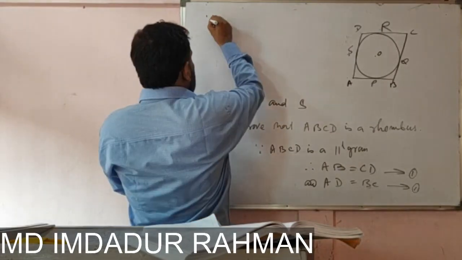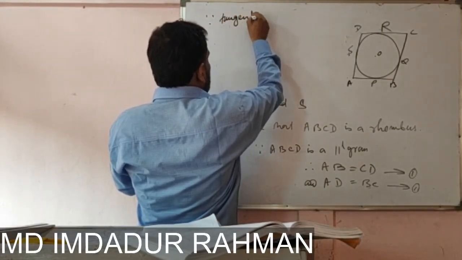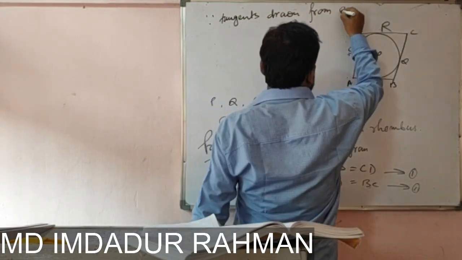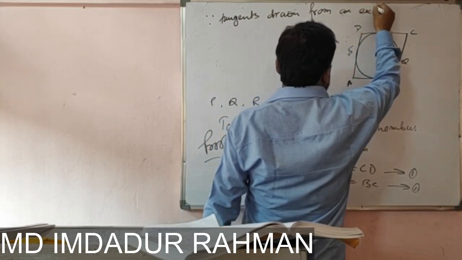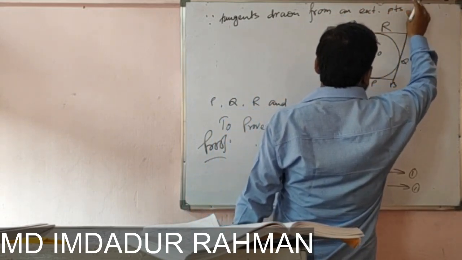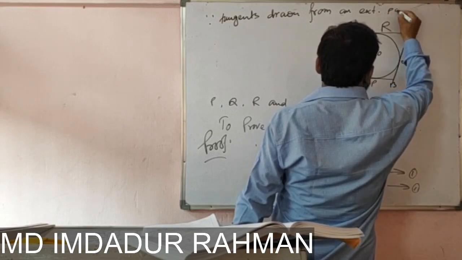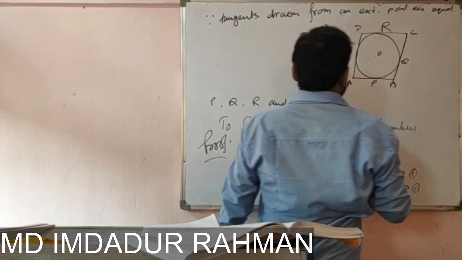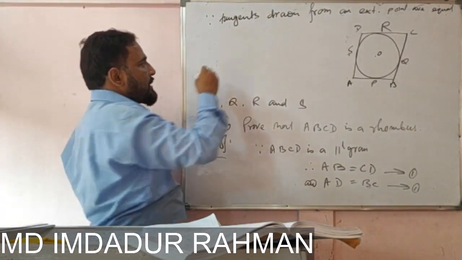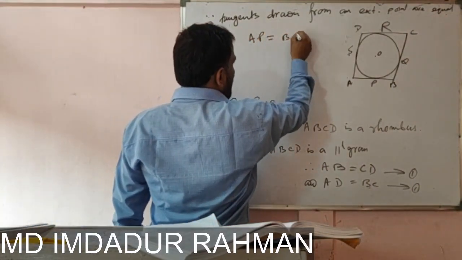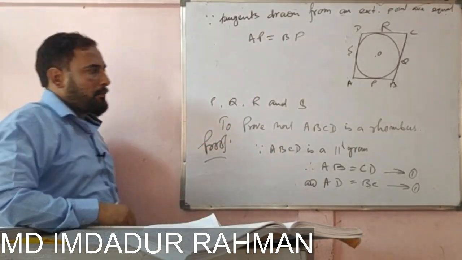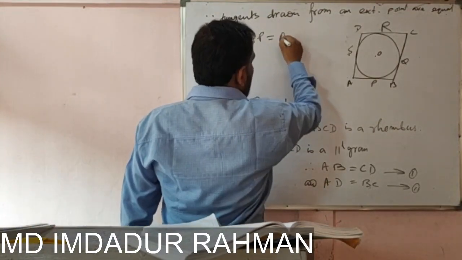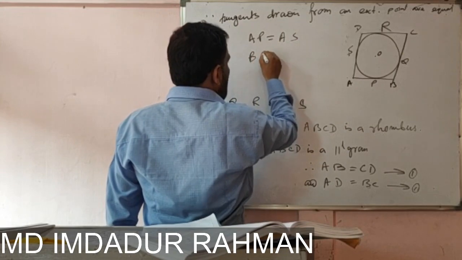Since tangents drawn from an external point are equal, AP is equal to AS, and BP is equal to BQ.